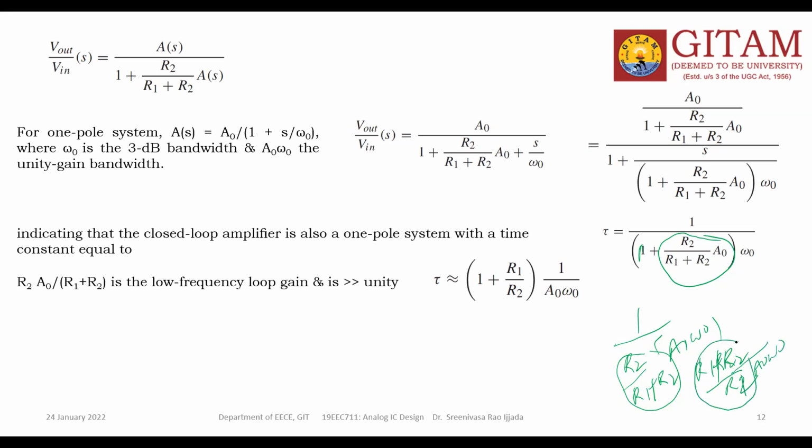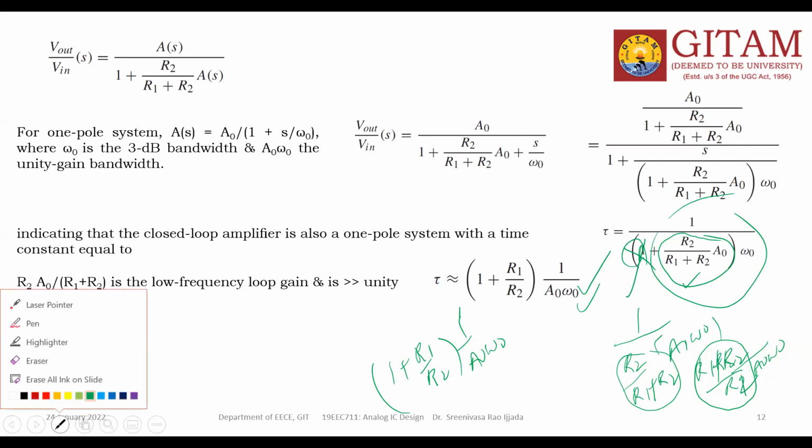I can write this as R1 plus R2 by R2, as 1 plus R1 by R2, into one more term, 1 by A naught omega naught. Since this value is far greater than 1, you can neglect this one and write it like this. This is called the time constant. Got it?